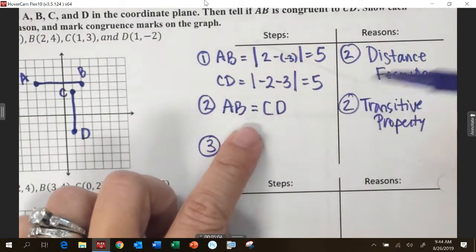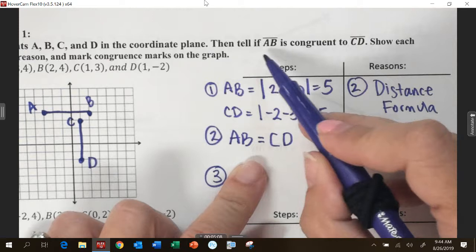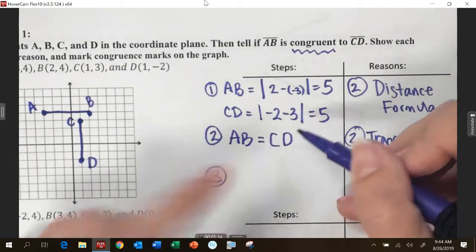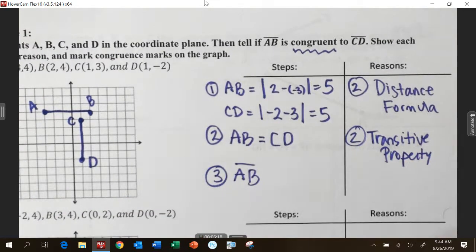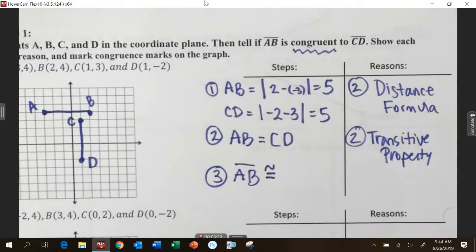Now, we're not trying to find if AB equals CD. We're trying to find if AB is congruent to CD. So if they are equal, we can say they are congruent. So now I changed it to AB with a line over it because now it's a segment. Congruent has the fancy, what's that thing called?